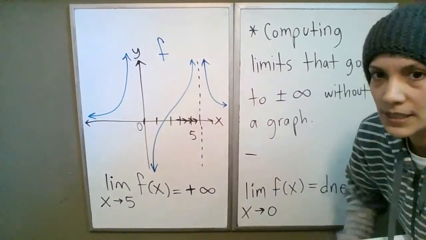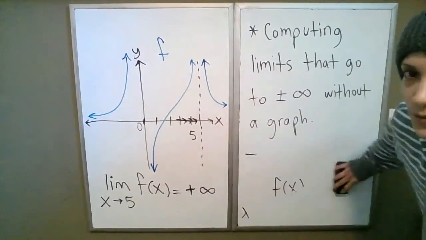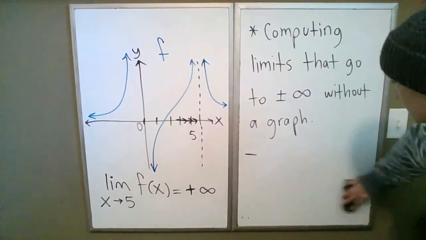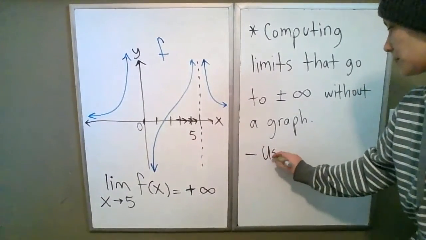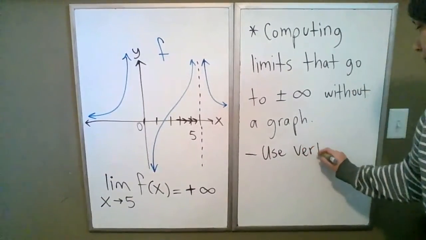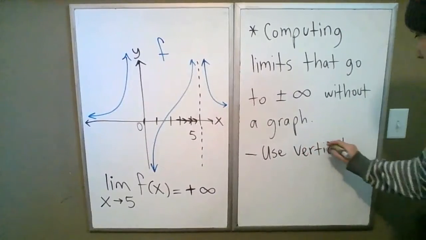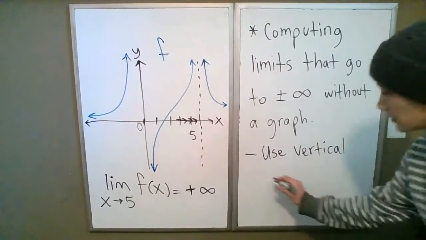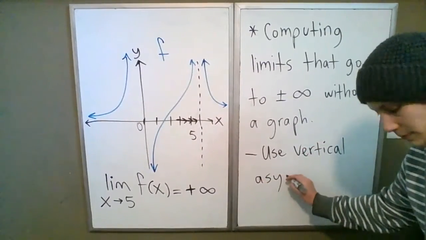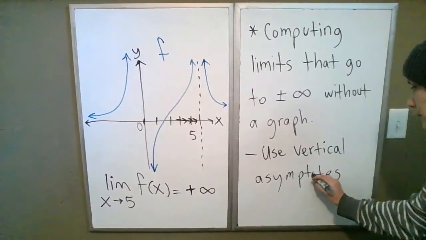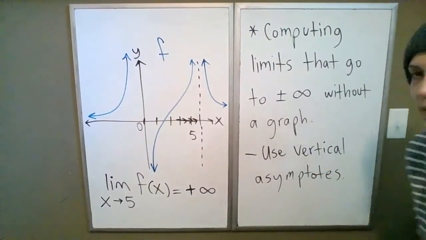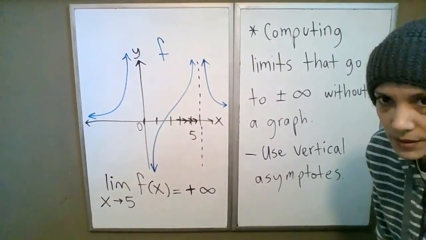So I recommend that you look for and use vertical asymptotes. And I'll put a reminder on how to find those.